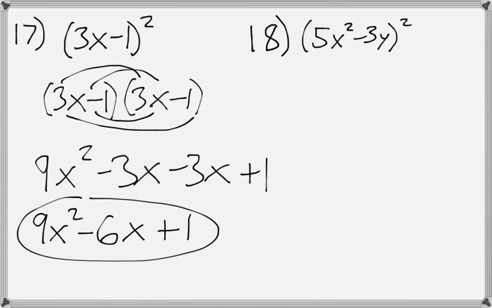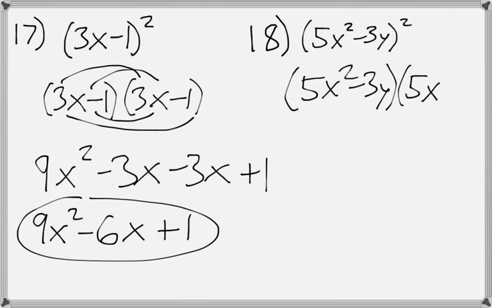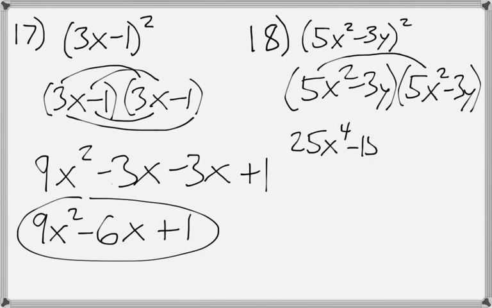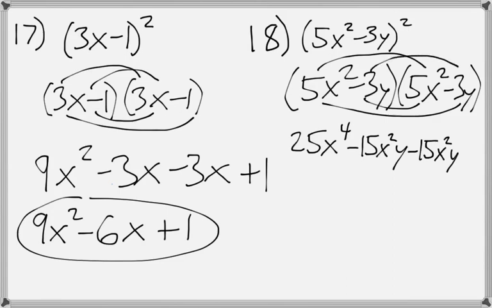So same thing with 18. This is going to be 5x squared minus 3y and 5x squared minus 3y. So then if you FOIL it, it's going to be 25x to the 4th minus 15x squared y minus 15x squared y, and I'm almost out of space, plus 9y squared.